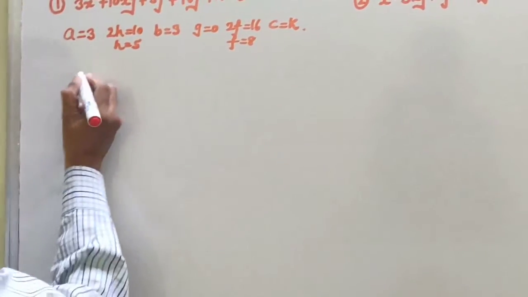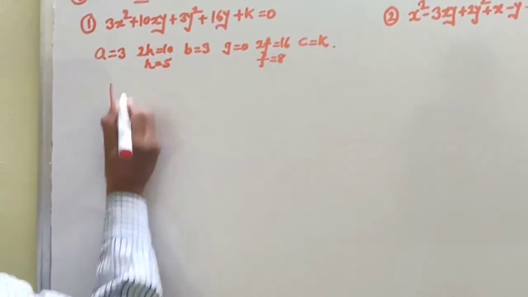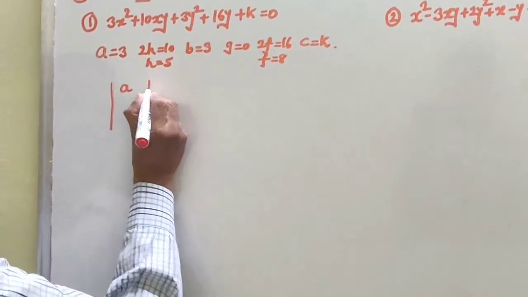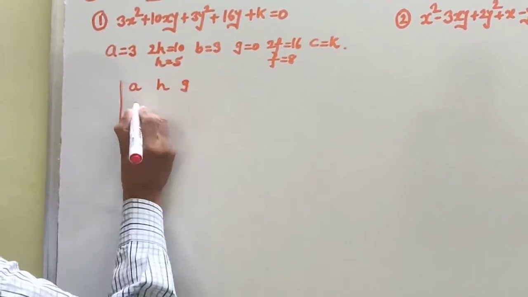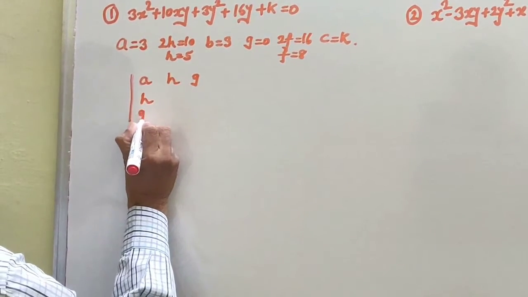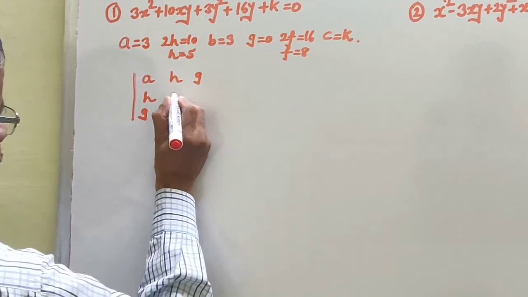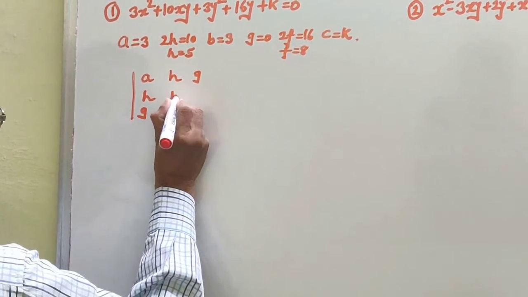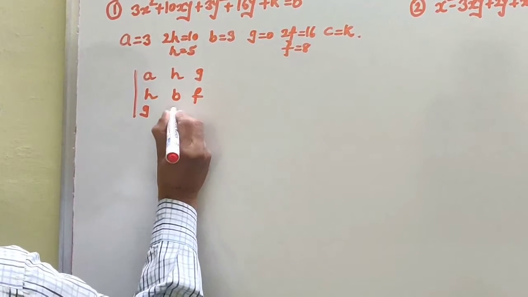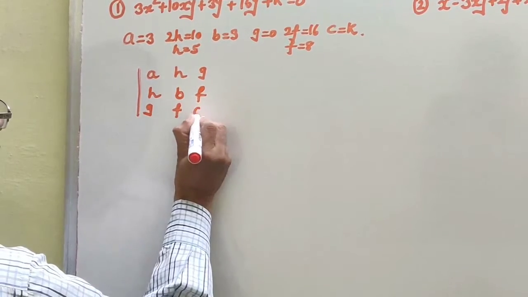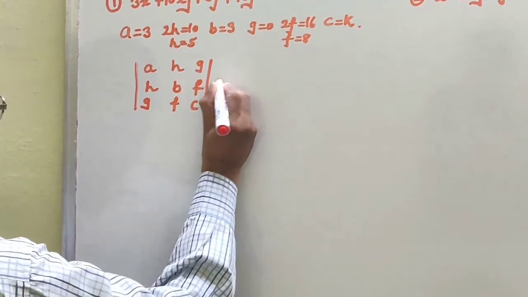I will find out the determinant of this. The determinant is a, h, g; h, b, f; g, f, c, which I already gave in the important note, and it is equal to 0.